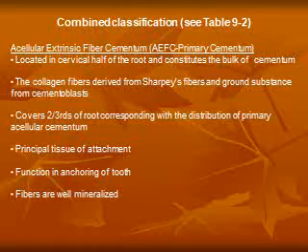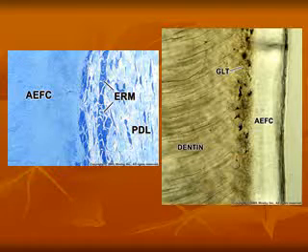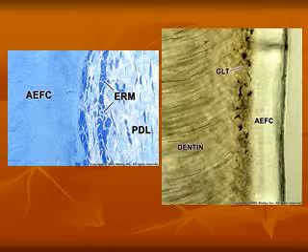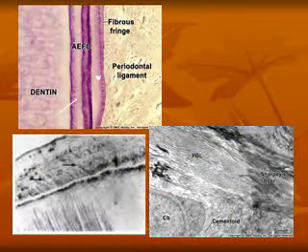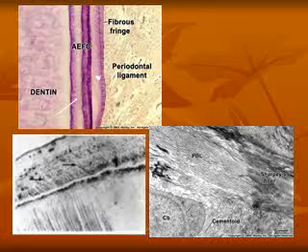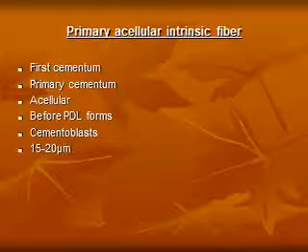Fibers are well mineralized. This is acellular extrinsic fiber cementum in these two slides. And also acellular extrinsic fibers in the upper and lower photos of electron microscopic sections. It also shows us Sharpey's fibers, which come from the periodontal ligament, from the fibroblasts I mean.